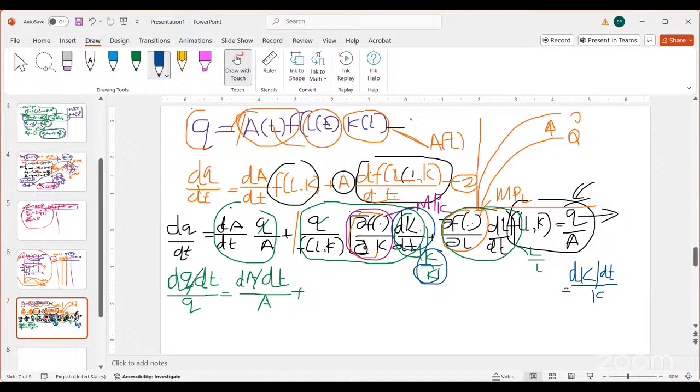That is equal to the change in, or growth in, capital, right?